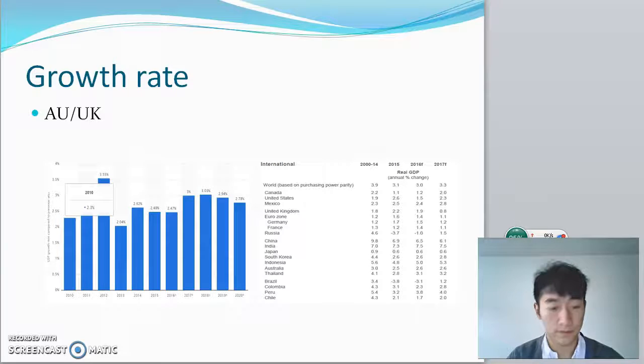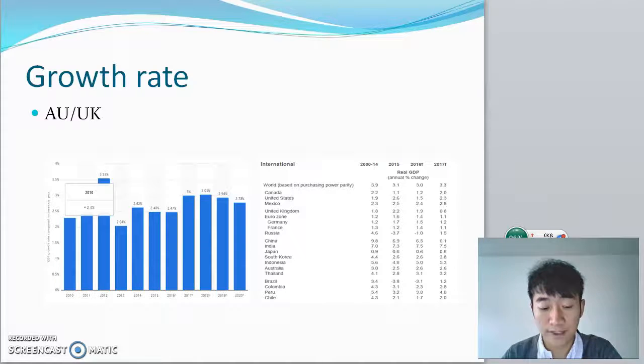And the GDP growth rate of Australia remained constant between the years 2016 and 2017. Meanwhile, the GDP growth rate of the UK is predicted to decrease from 1.9% to 0.8%.